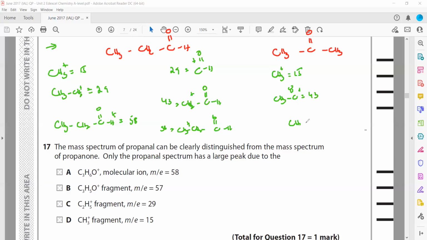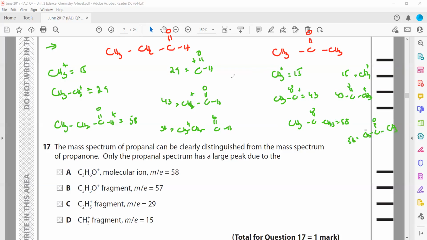And then we'll get the molecular ion peak, that is 58. Then CH3, that is 15. Then CH3, C double bonded with O, 43. And then CH3, C double bonded with O, CH3, so this will be 58.